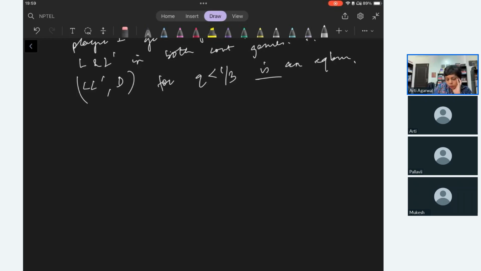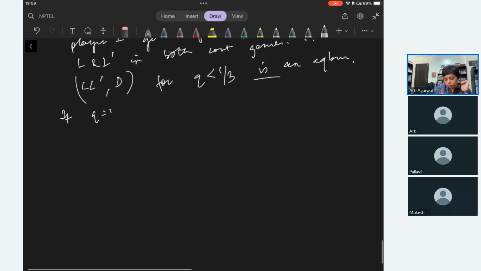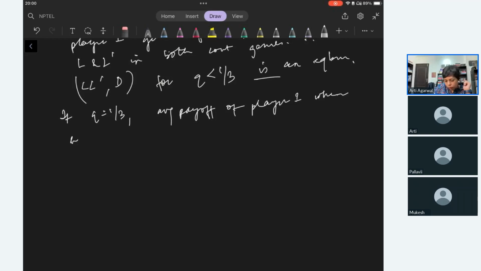If Q is equal to 1 by 3, average payoff of player 1 when he plays R is 2 and L is also 2. Therefore, both are best response.